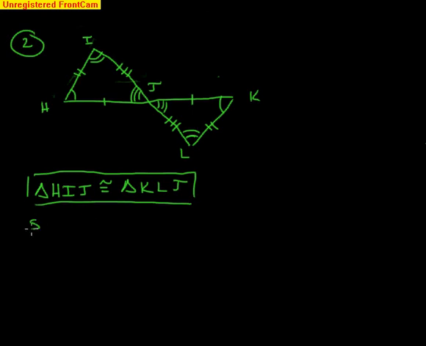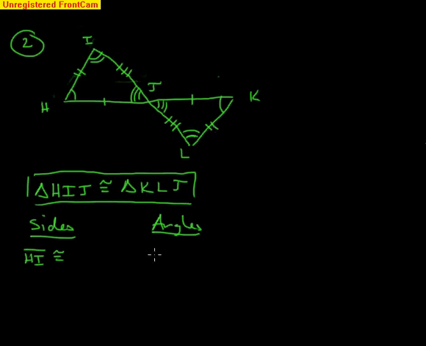The rest is very easy, because now we just list the corresponding sides that are congruent and the corresponding angles that are congruent. So if we start with side HI, side HI has 2 markings, so it should correspond with this segment KL, which has 2 markings.